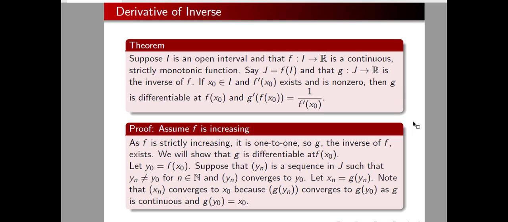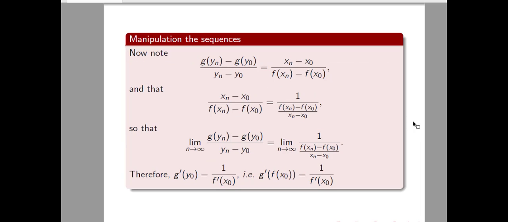Now let's do some manipulation of the sequences. Take g of yn minus g of y naught over yn minus y naught. That's equal to xn minus x naught over f of xn minus f of x naught, just by our notation.